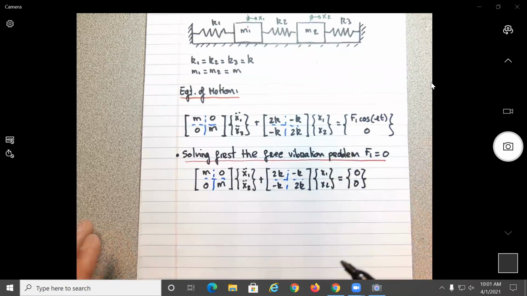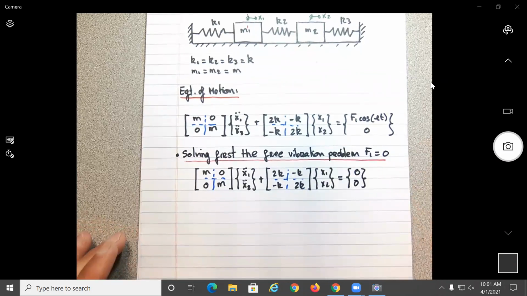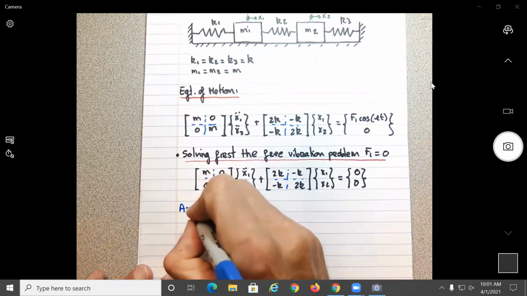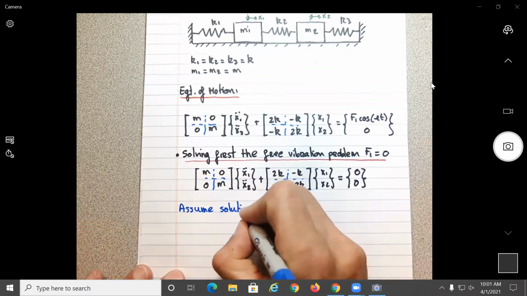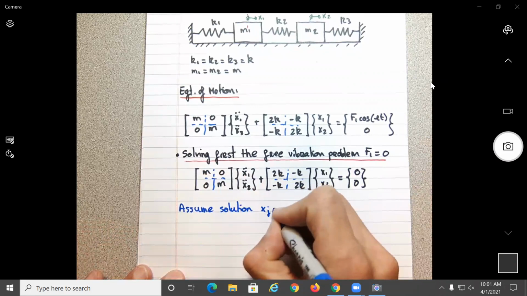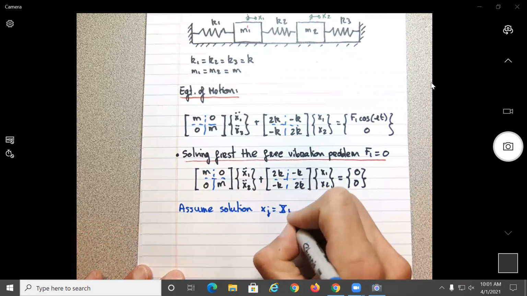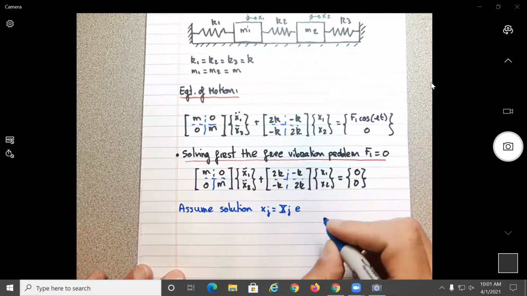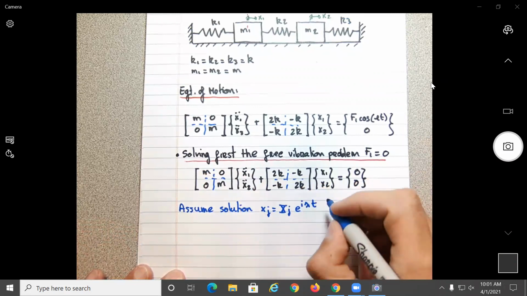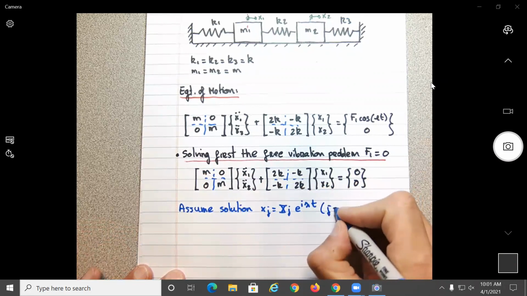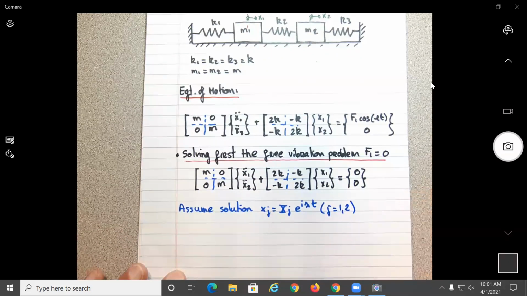Okay, so now how do we solve? We assume the solution x sub j equal to capital X sub j e^(i lambda t), but this time it would not be capital omega, it would be lambda t, which is the natural frequency, where in this case j will be equal to what? 1, 2, no? For the first one and then for the second one.